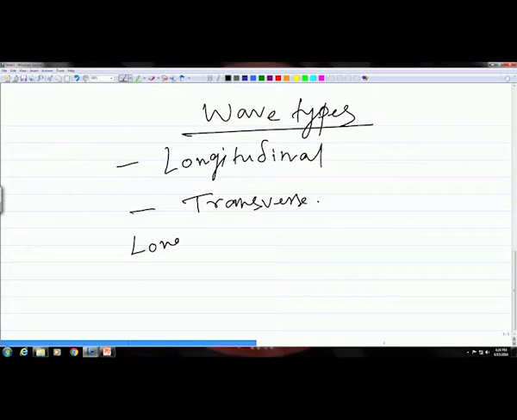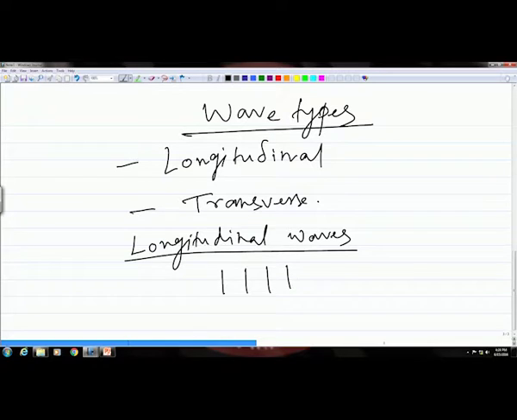Now if you talk about the longitudinal waves, in this case, if you see the propagation of the wave through a medium, let us say the wave is moving in this direction. So, this is the wave propagation direction.